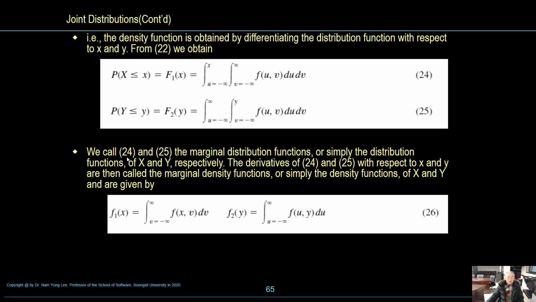We call formulas 24 and 25 the marginal distribution functions, or simply the distribution functions of X and Y respectively. The derivatives of formulas 24 and 25 with respect to x and y are then called the marginal density functions, or simply the density functions of X and Y, given by f1(x) equal to the integral of f(x, v) dv, and f2(y) equal to the integral of f(u, y) du.